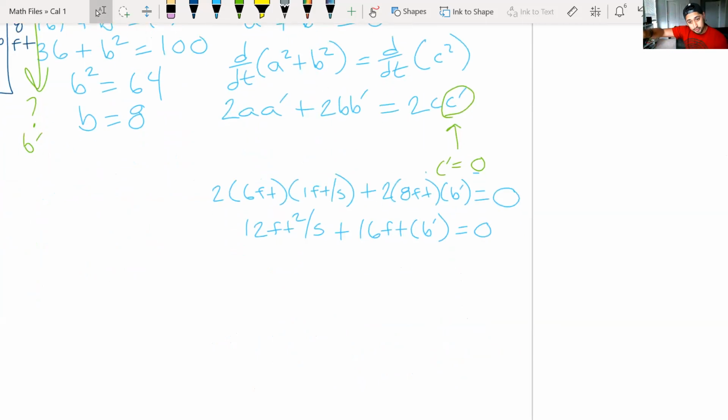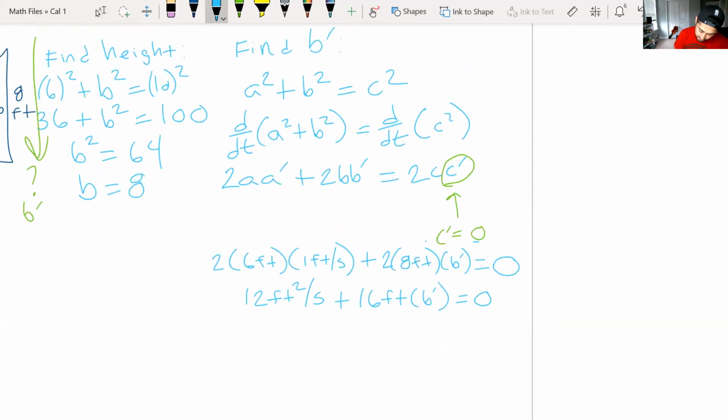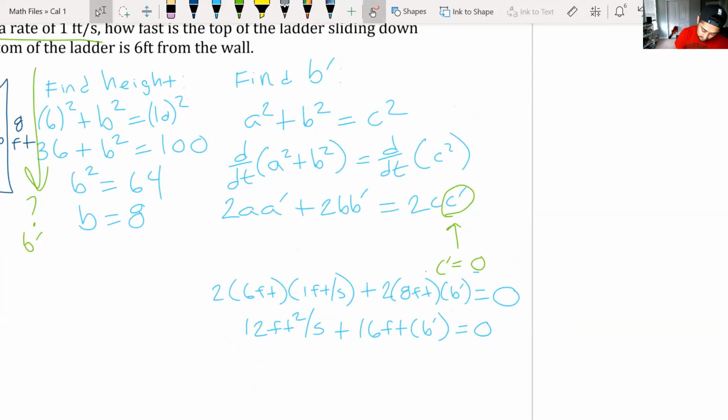Move 12 over to the right side. And I get 16 feet times B prime equal to negative 12 square feet per second. Now, all we have to do to solve for B prime is divide by 16 feet.